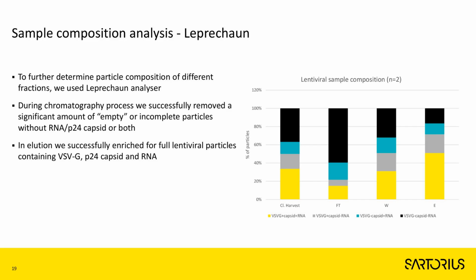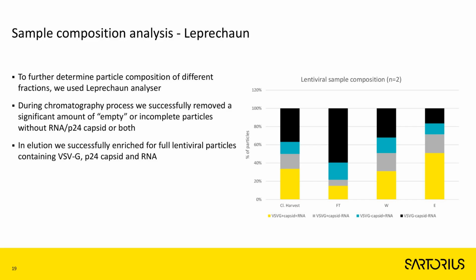And if we look then at the composition of the flow-through, what we can observe is that the majority of the particles are actually lacking both capsid and RNA. We have a very small amount of particles that are actually complete in the flow-through, which indicates that during the chromatography process, we managed to eliminate a lot of incomplete or empty particles in our flow-through.